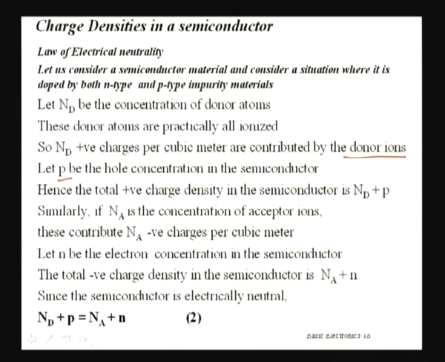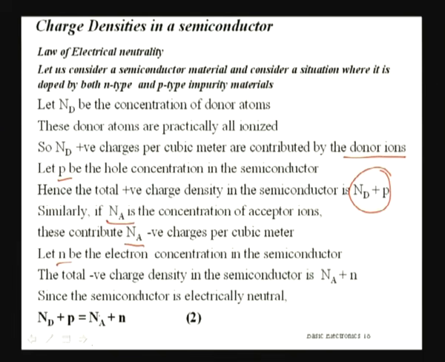So the total positive charge density in the semiconductor is Nd plus p, which is contributed by donor atoms as well as holes. Similarly, if we consider that Na is the concentration of acceptor ions, then these contribute Na negative charges per cubic meter, and let small n be the electron concentration in the semiconductor.